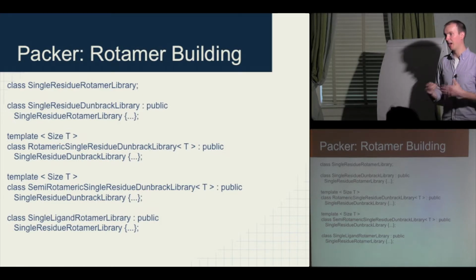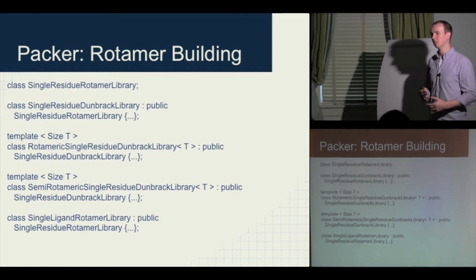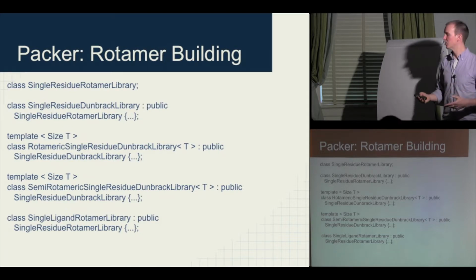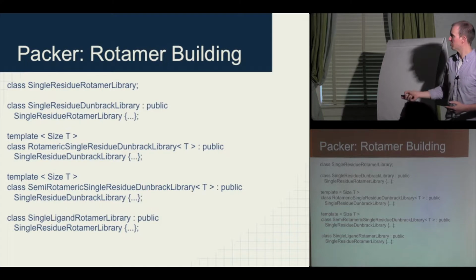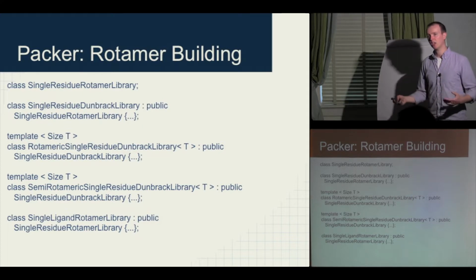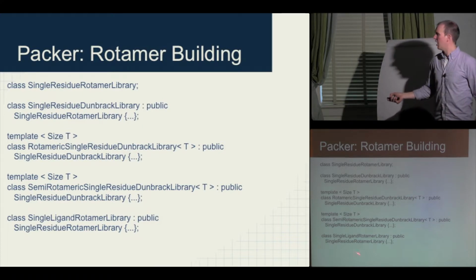So this is 8 of the 18 rotameric residues, so phenylalanine, tyrosine, tryptophan, some of the other ones there. And so both of these are able to fill a rotamer vector with rotamers as needed.